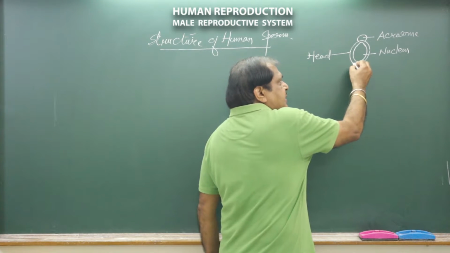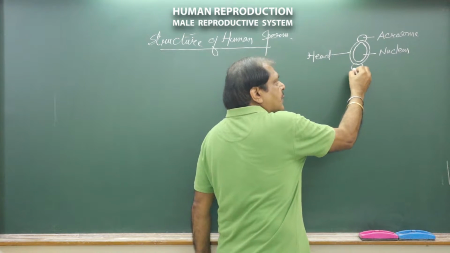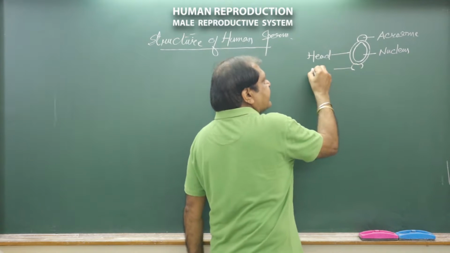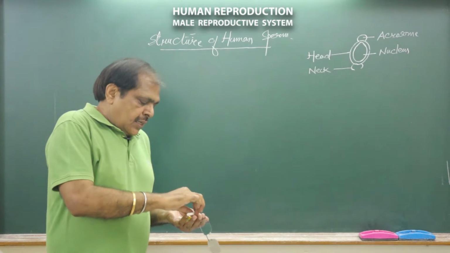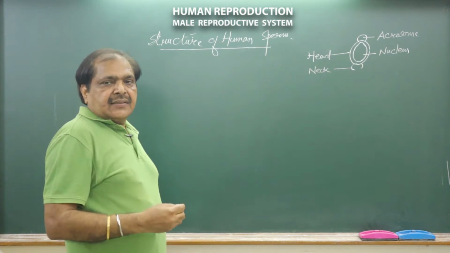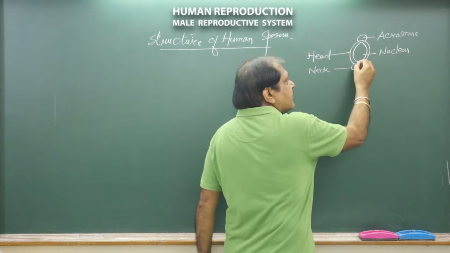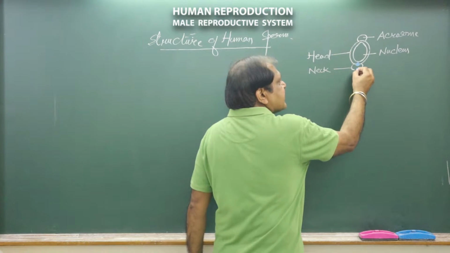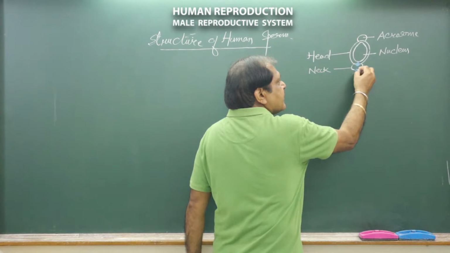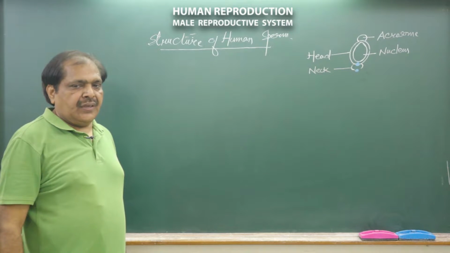Below the nucleus, there is present a short region, this is known as the neck. The neck contains 2 centrioles. One lies just below the nucleus, and the other lies behind the proximal centriole.